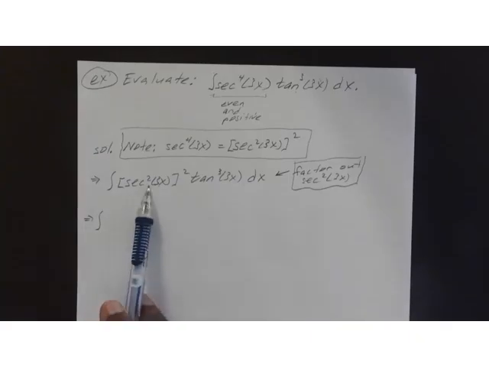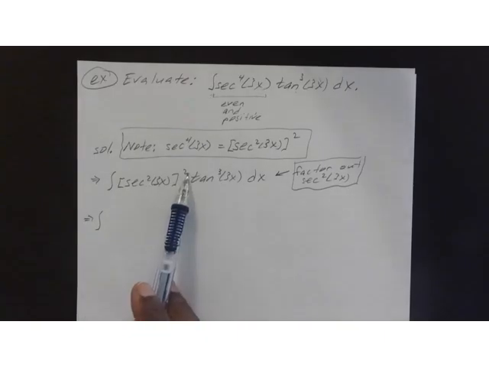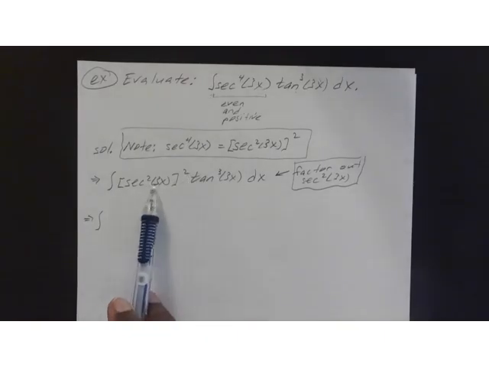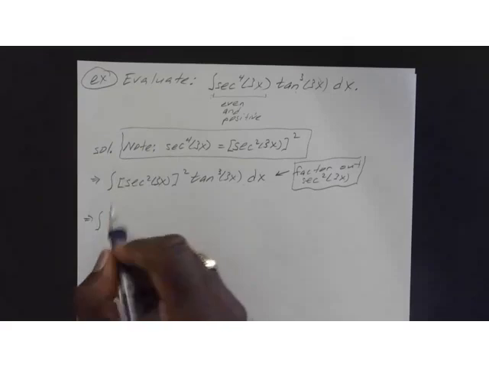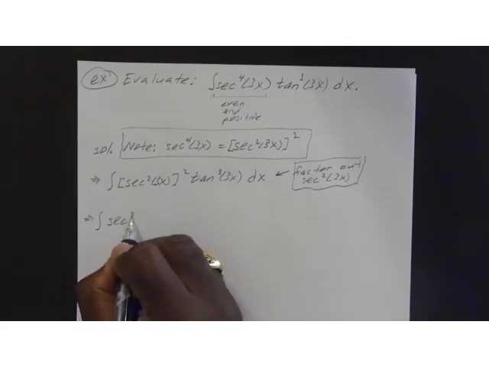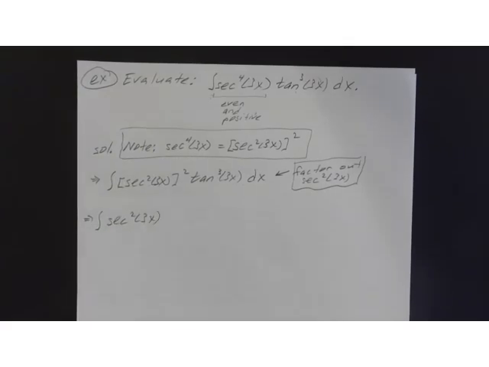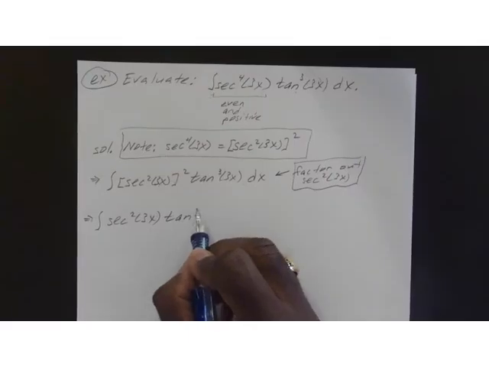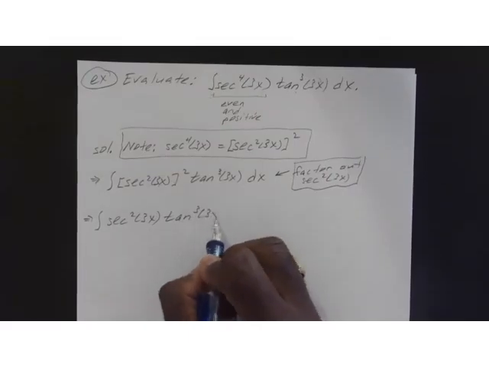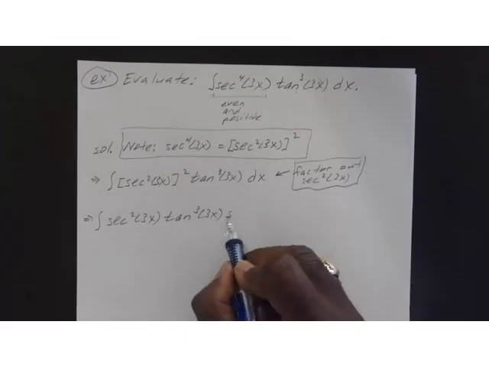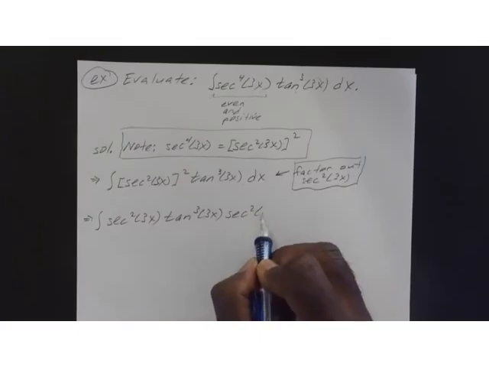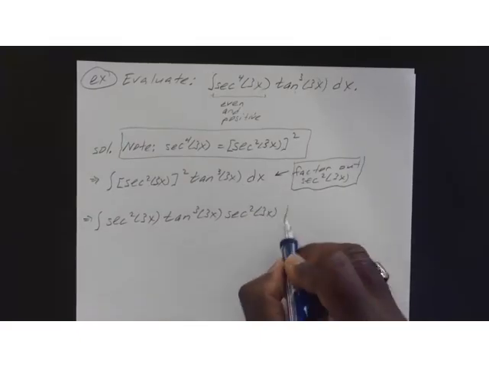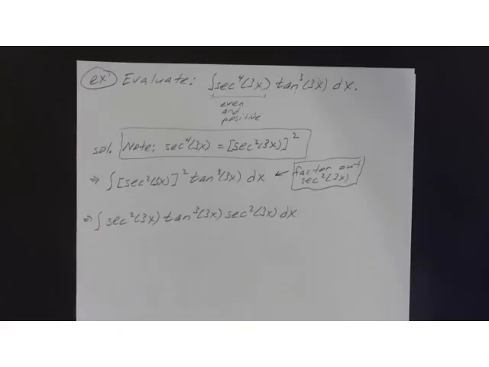So that means this secant squared of 3x to the 2nd power just becomes secant squared of 3x to the 1st power, or just secant squared of 3x, times tangent to the third power of 3x, times secant squared of 3x with respect to x.